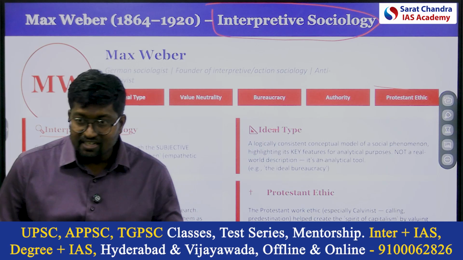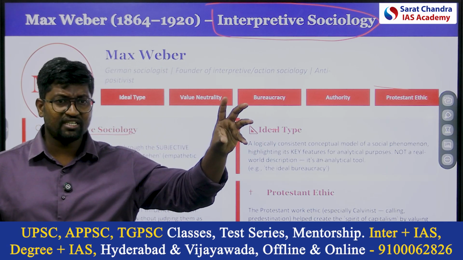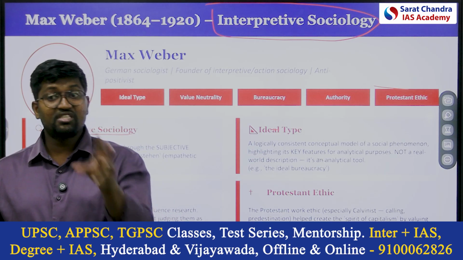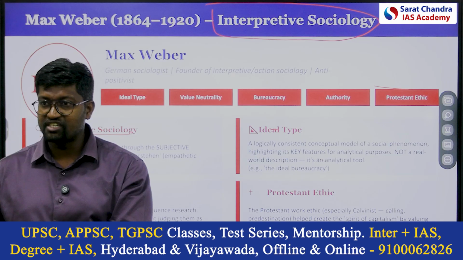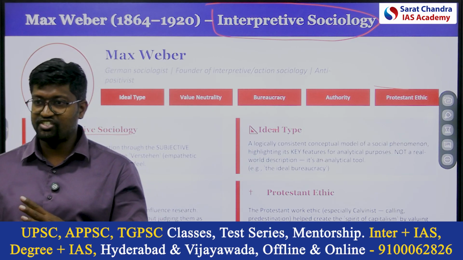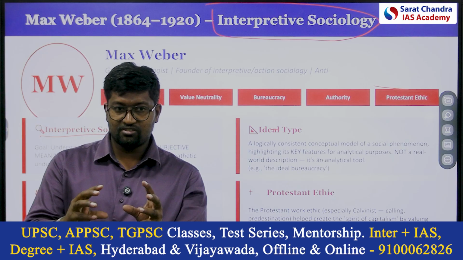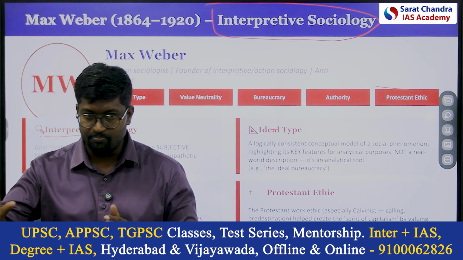Okay, so that is the reason why he will compare Protestant ethics with Hindu ethics. He will compare Hindu ethics with religion in China. Taoism is a religion in China. He will compare with that religion, and he will see why all the religions did not promote capitalism.